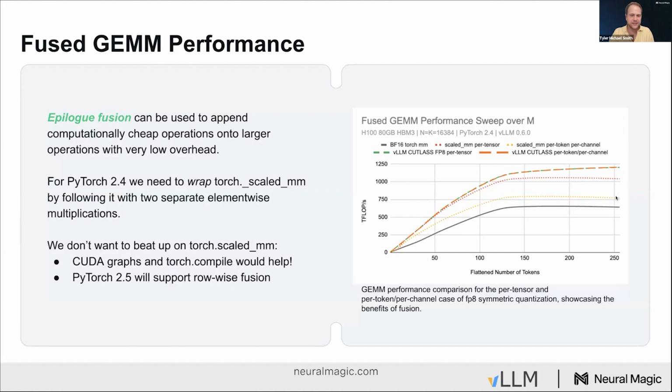This turns out to be very expensive. This right here doesn't have CUDA graphs or torch.compile. vLLM does use CUDA graphs. Where we do this as a fallback, you lose about 25% performance end to end using torch.scaled.mm in this case.